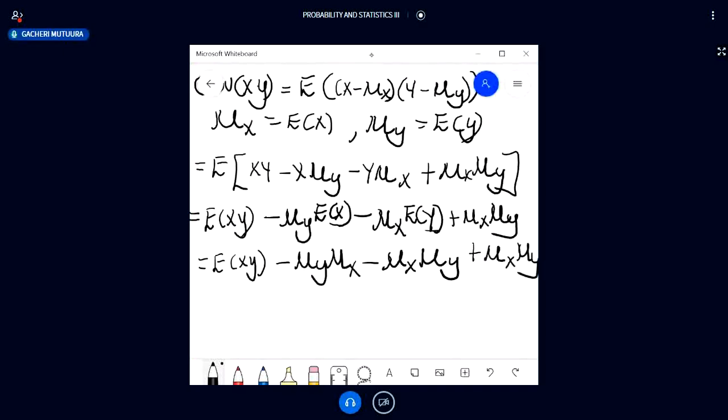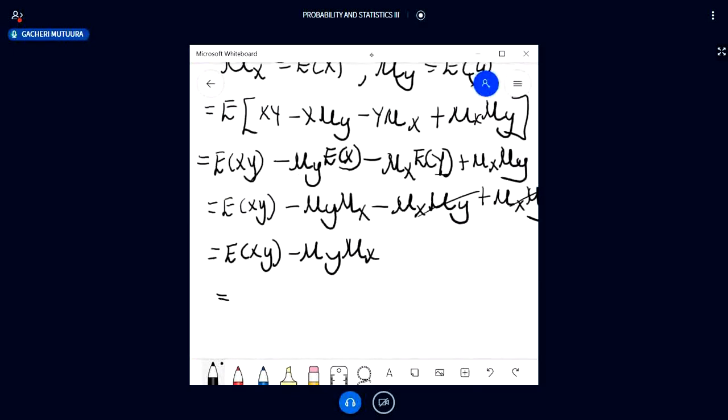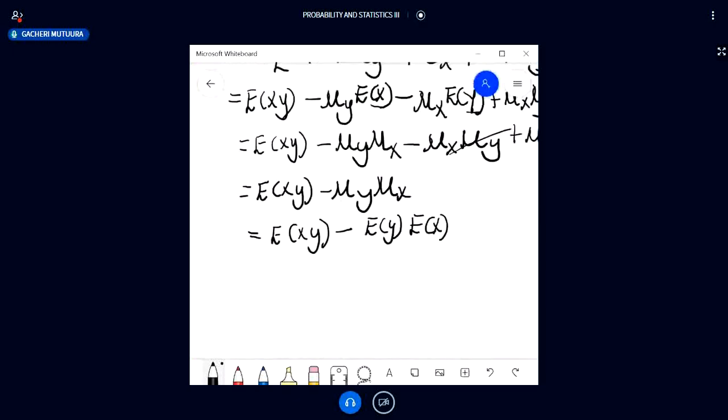You notice that these two terms are going to cancel out because we have a product of mu x mu y, minus that plus that, they cancel out. So you're left with the expected value of xy minus mu y mu x. By definition, mu y is the expected value of y and mu x is the expected value of x. It doesn't matter in what format you put it, it's still the same, it's just a product.